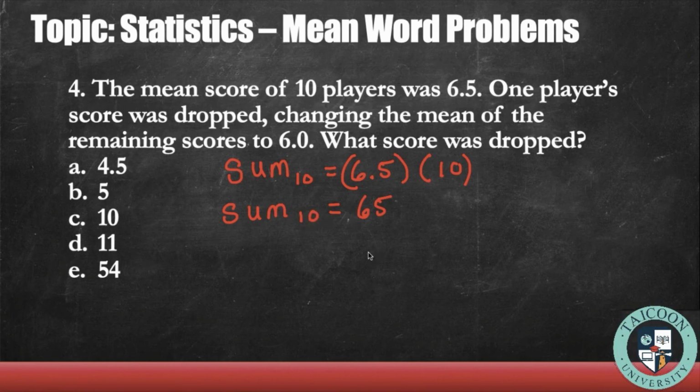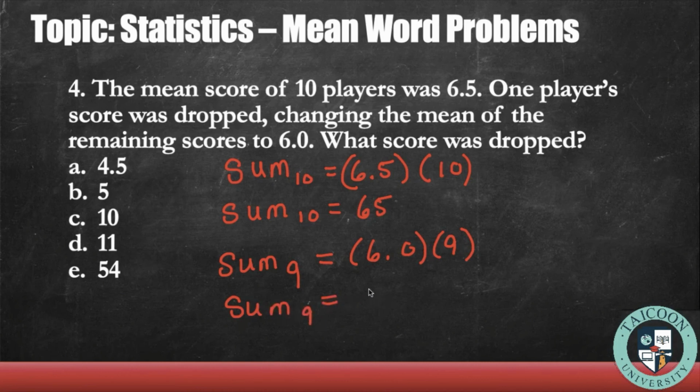One player's score was dropped, changing the mean of the remaining scores to 6.0. If we remove one of the player's scores, we actually only have 9 players remaining. So the sum of those 9 players is going to be equal to 6.0 times 9. We have that the sum of the 9 players is 54.